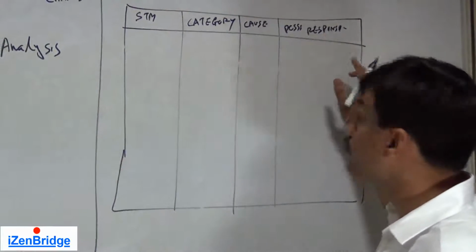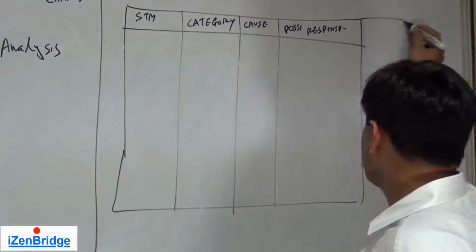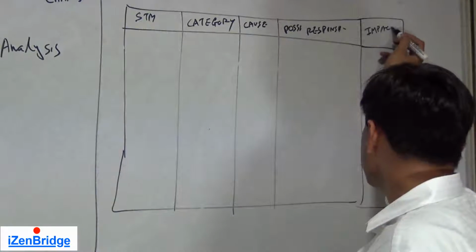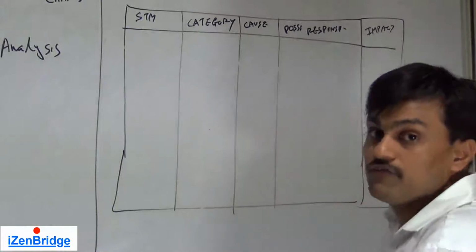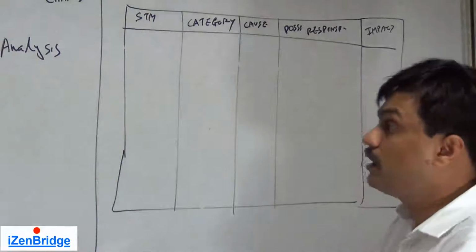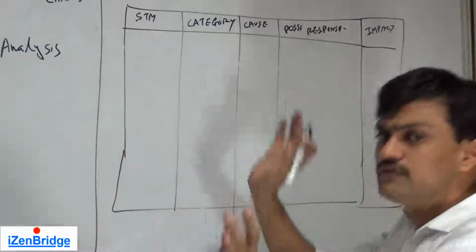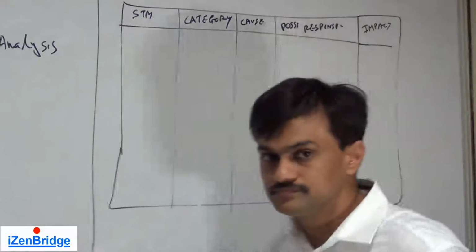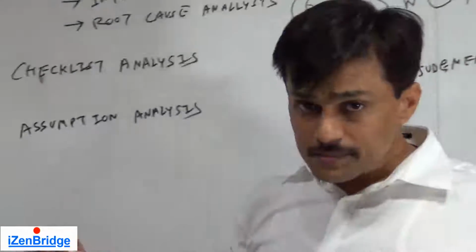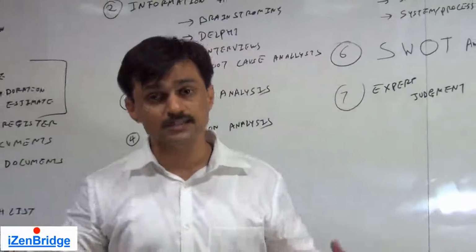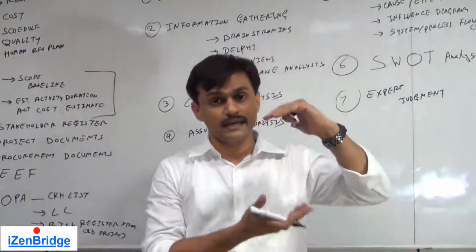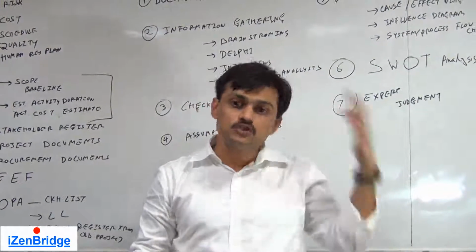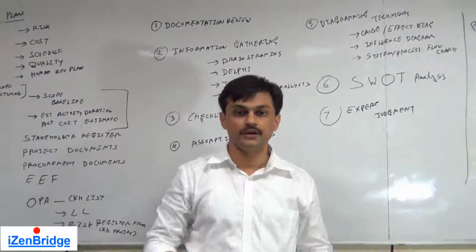We can also document a possible impact. These things will be further refined when we do a risk assessment, but at the identification level, whatever information is available, we should document in the risk register. So in summary, identify risk is a process which gives us a risk register, and we will use this risk register in the rest of our project risk management processes.